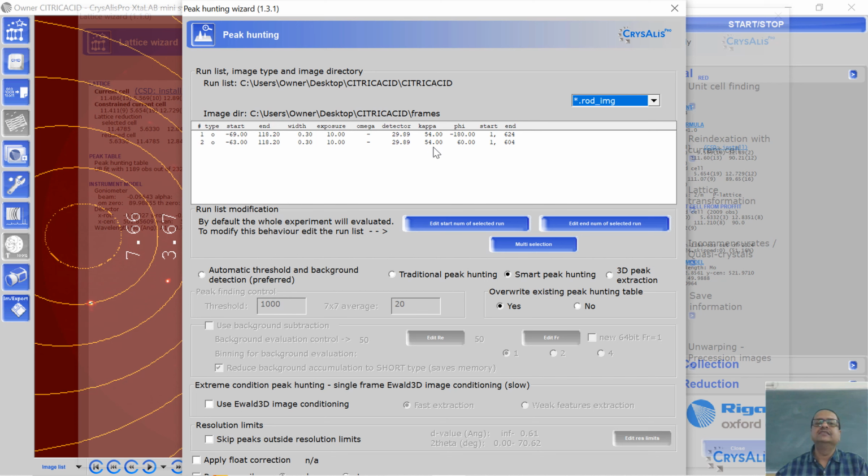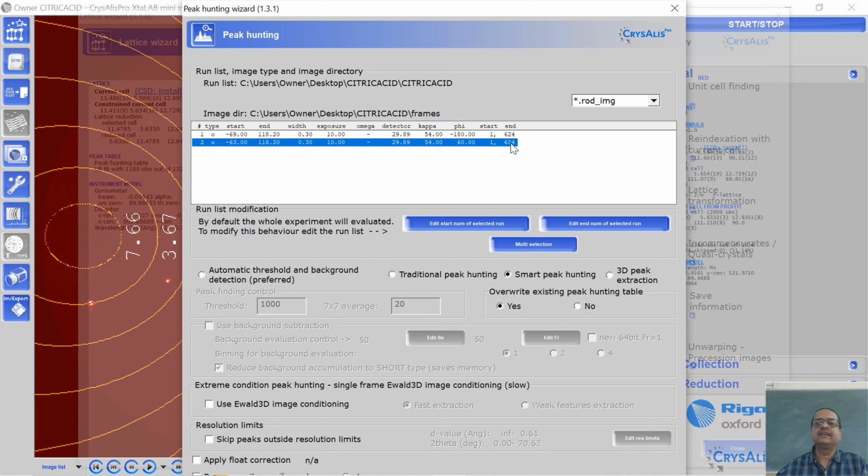This is the value of kappa, which is also fixed. It is technically a 2 circle, but effectively you can use it as a 3 circle because you can have your omega scan and phi scan data together. And these are the numbers of the frames that you have in each.